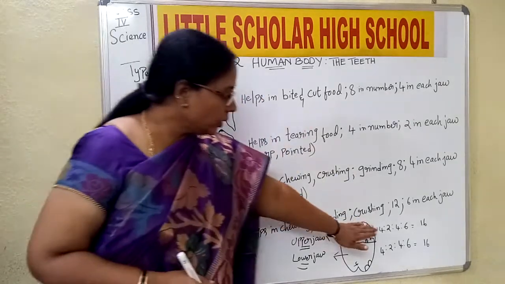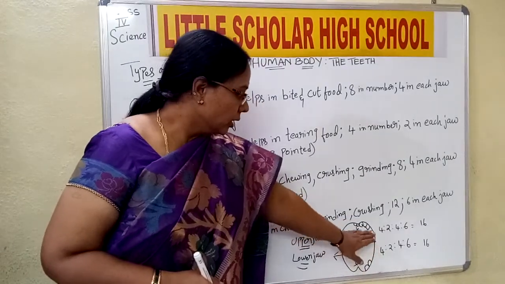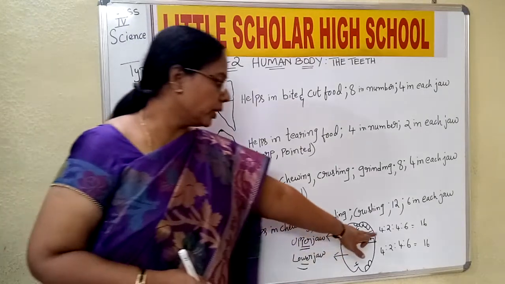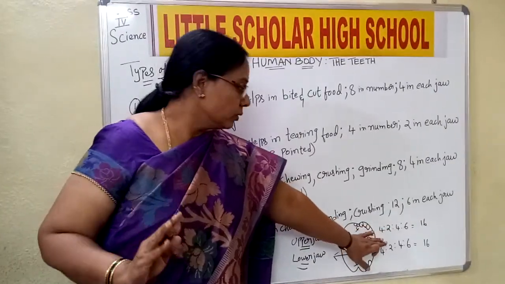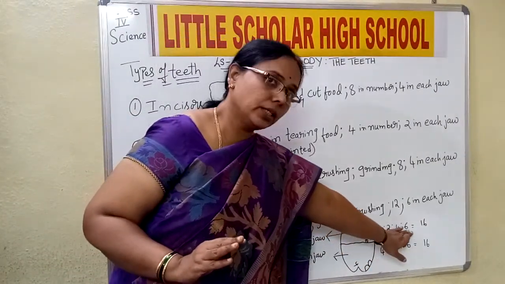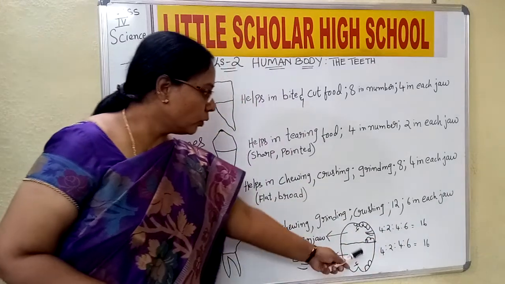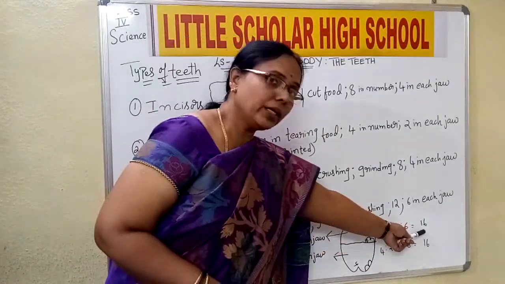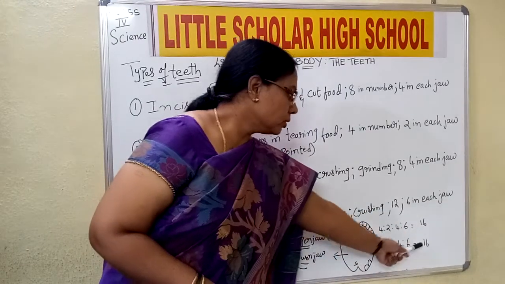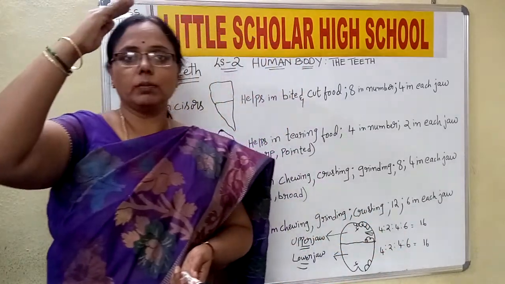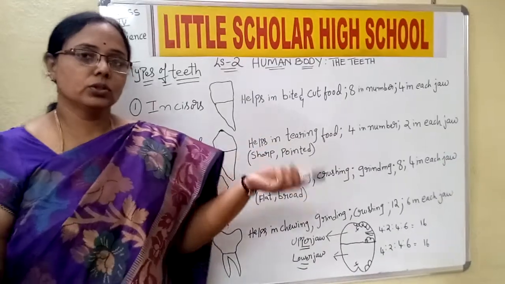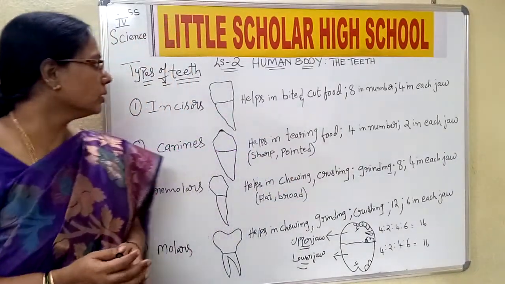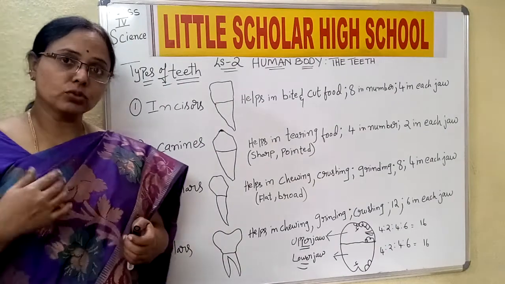Now you can get the same number here. These incisors, canines, premolars and molars are divided as 4 2 4 6 in the upper jaw and 4 2 4 6 in the lower jaw. This total comes to 16, and this also comes to 16. 16 in the upper jaw, 16 in the lower jaw. So the total is how much, children? It is 32. Okay. So this is regarding the different types of teeth.